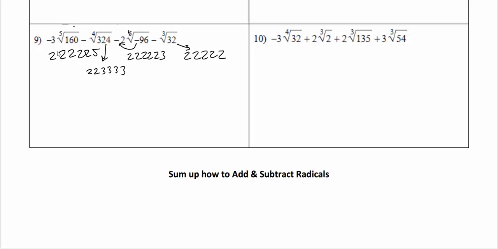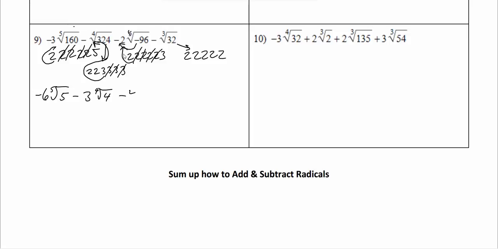So I need 5 of something. I got 5 2s, so 1 pops out, cross, cross, cross, cross. I'm left with a 5, so that becomes a -6 root 5. I need 4 of something here, so I got 3s, so that 3 pops out front. Cross, cross, cross. I'm left with a -3 root 4, which is, I'm sorry, I've got the indexes there, 5 and then a 4.